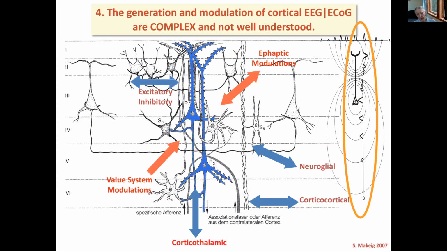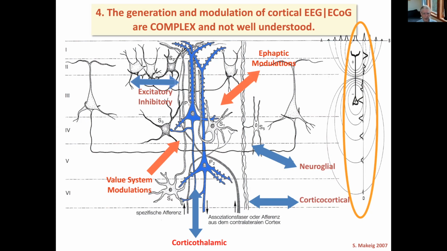Neuroglial interactions are becoming understood to be much more important than ever thought before. Cortical connections, other than local nearest neighbor connections, are surprisingly sparse in the brain, but each cortical area is connected to perhaps a couple of other cortical areas, and those play a role in tuning the mesoscale dynamics of cortical field potentials.